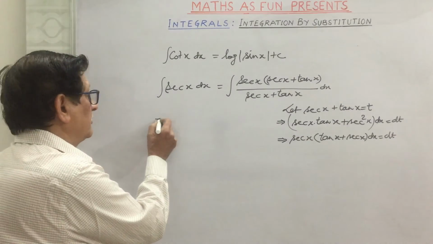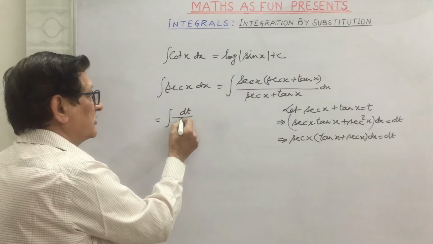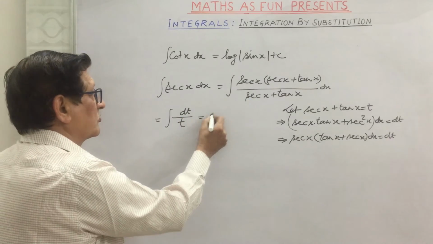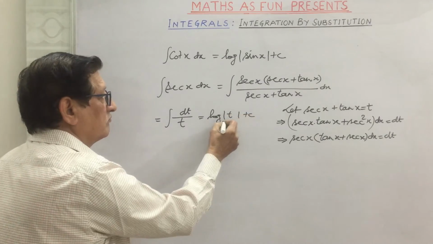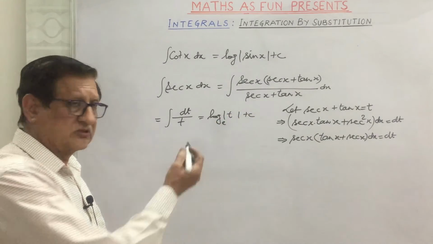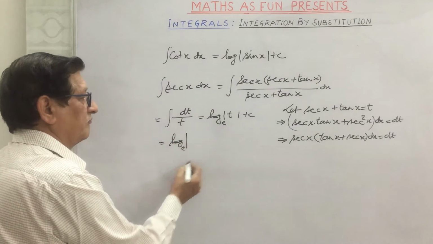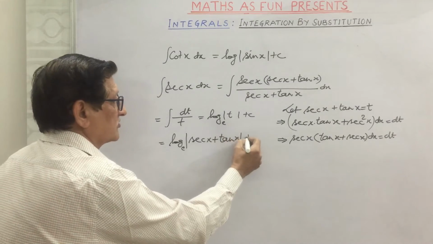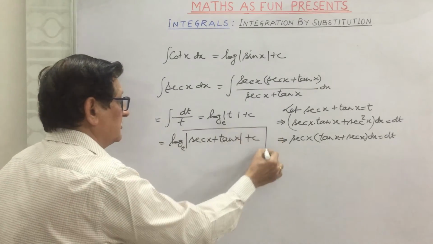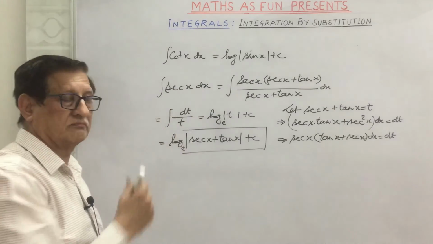What we get here is dt upon t, which is equal to log of t plus c. Substituting the value of t, we get log of sec x plus tan x plus c. This is the first formula for integral of sec x.